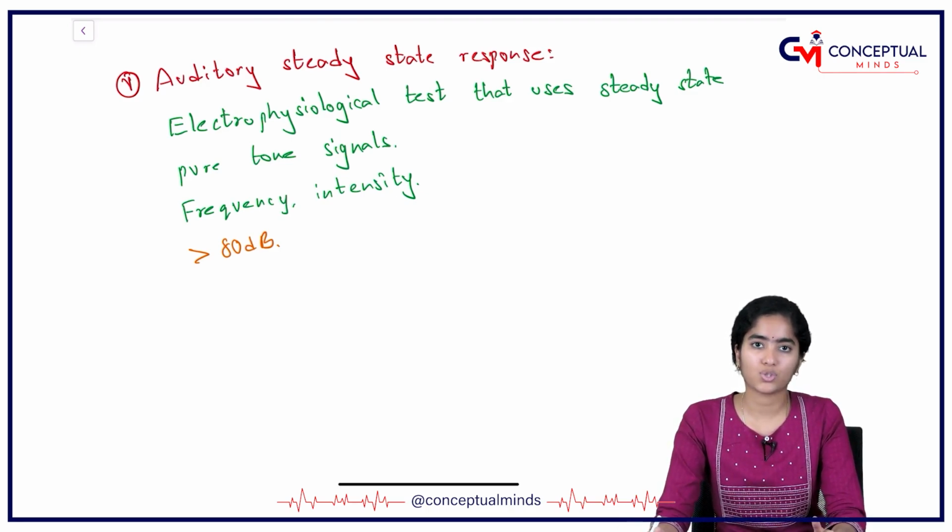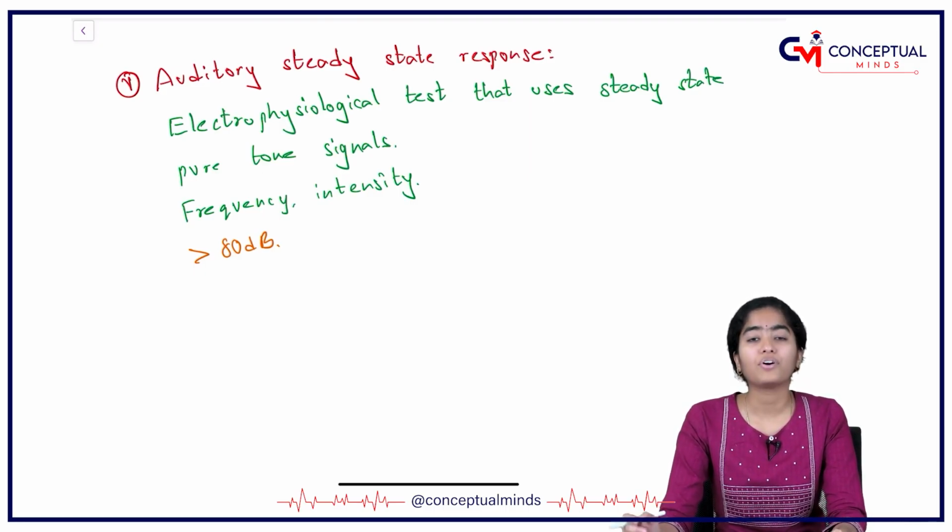The difference between these two tests is auditory steady state response uses steady state pure tone sounds instead of transient sounds. In BERA, we give some pure tone clicks for the patient to pick up, whereas auditory steady state response measures the steady state sounds. So these are a few special tests.